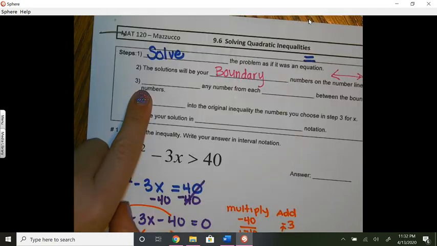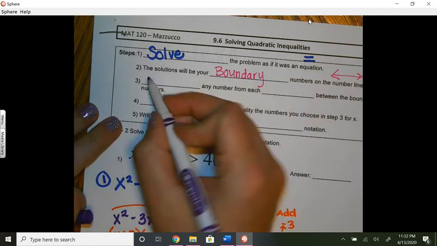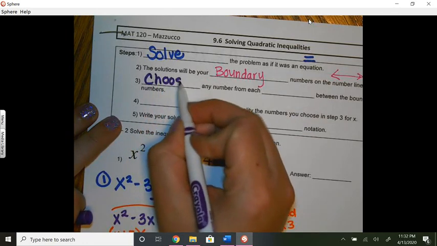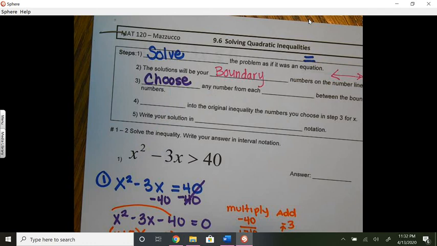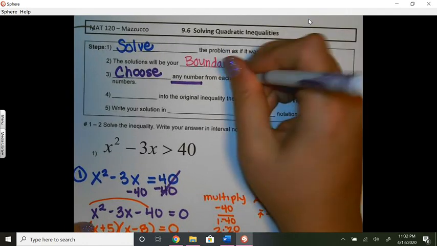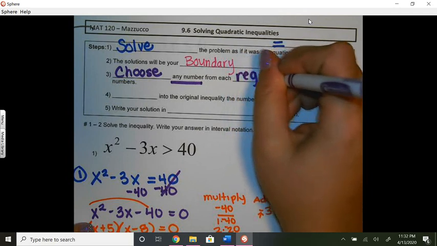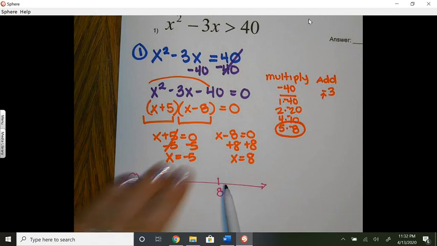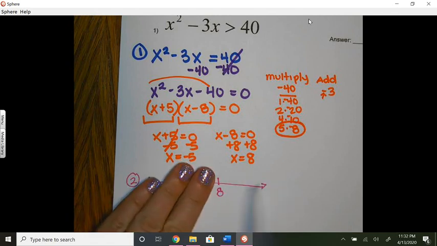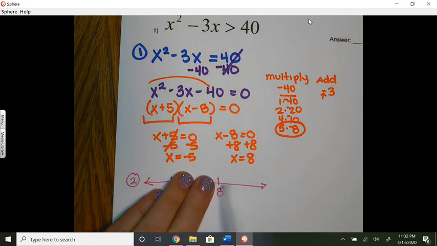Step 3 is you're going to choose any number you want from each of the regions that we just created with the number line. So step 3 is pick whatever number that would be here on the number line. So any number bigger than 8. For example, I can pick 10.